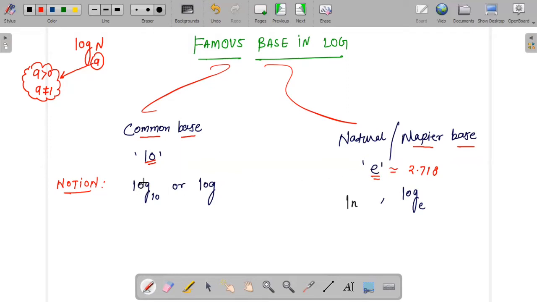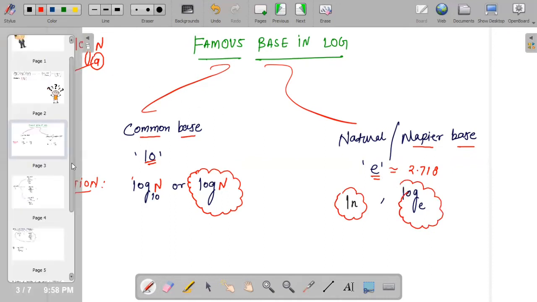The notation of common base is given by log n to the base 10, or simply it is written as log n. So in our subconscious mind, if base is not given, then we will be considering base equals 10. But if ln is written, or if log to the base e is there, then natural or Napier base will be considered.